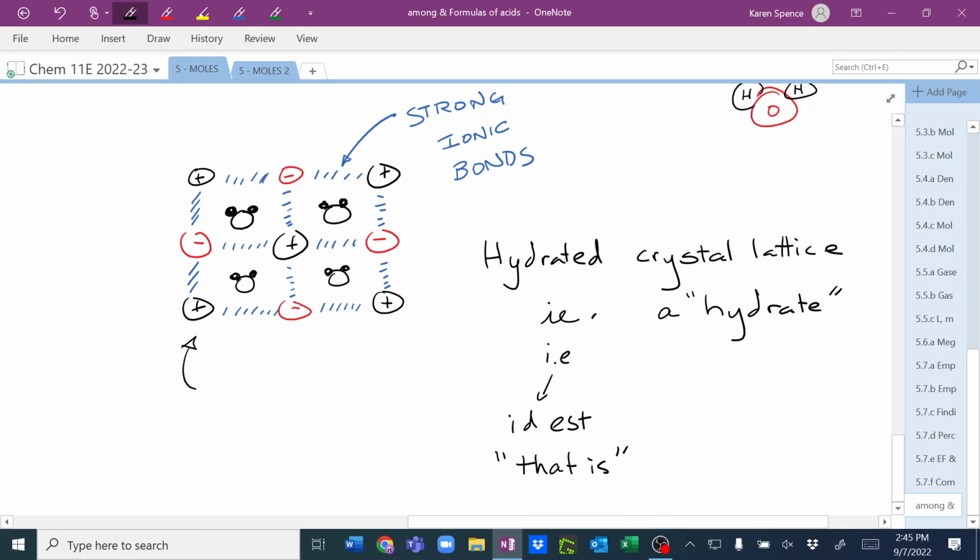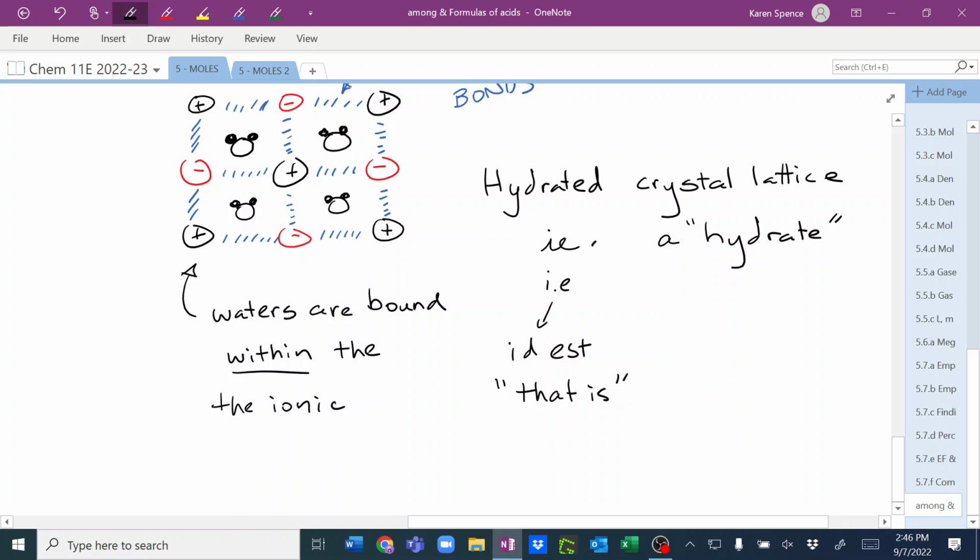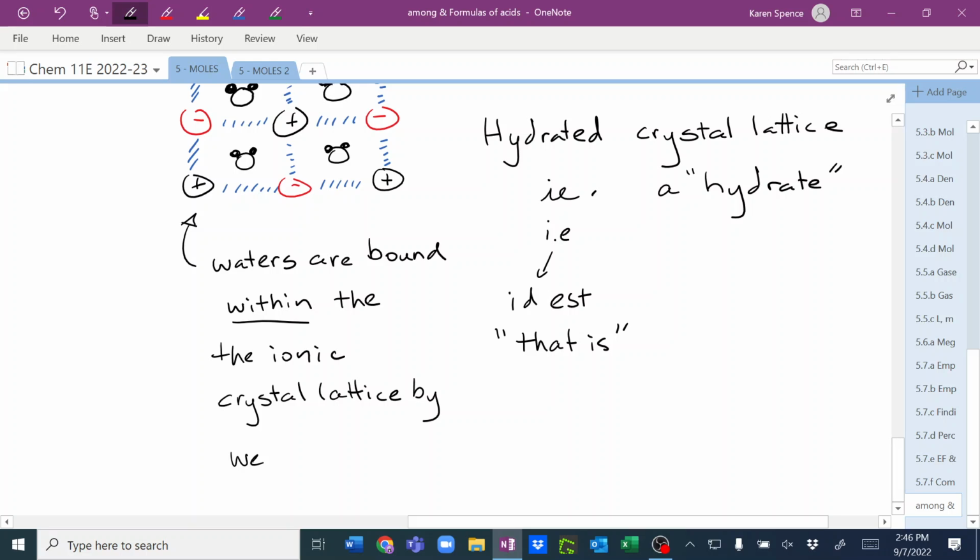in here, the waters are bound within the ionic, what's the term for the entire structure? The crystal lattice, yes. So the waters are bound within the ionic crystal lattice by weak forces.